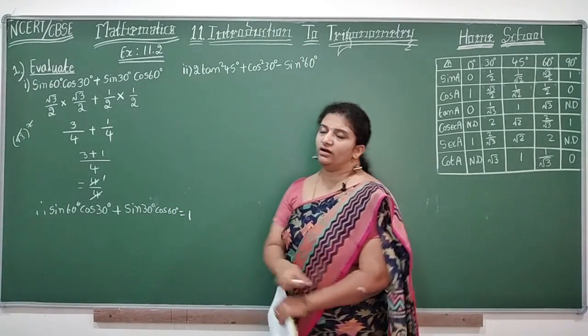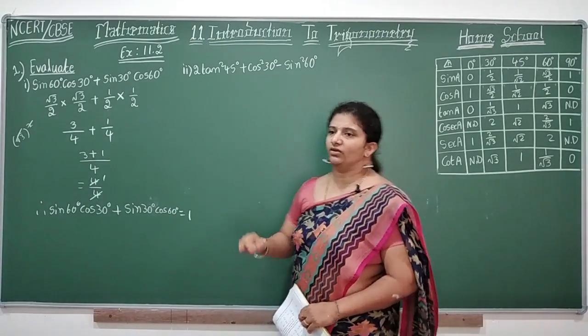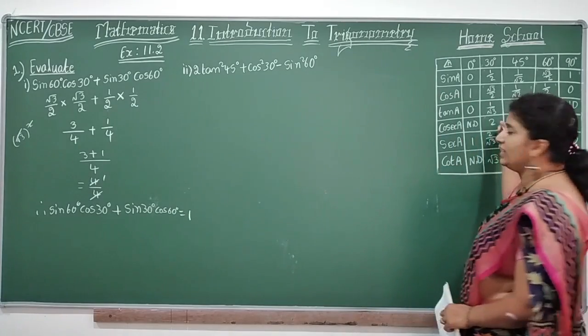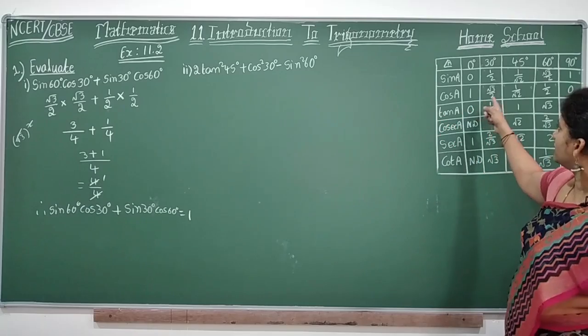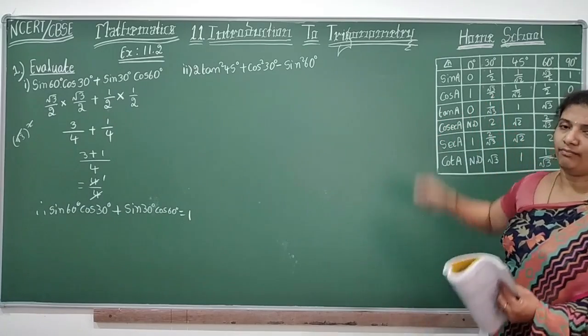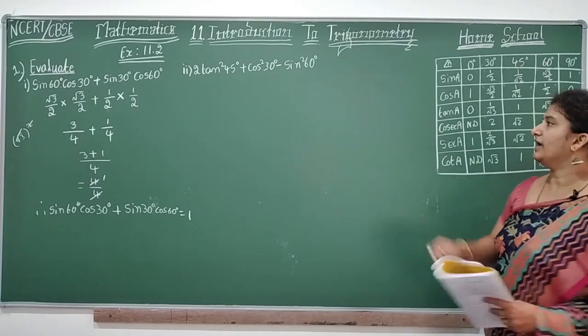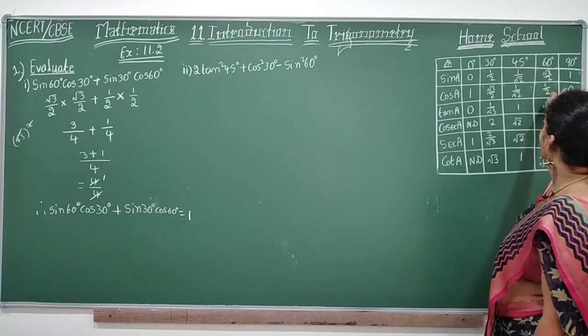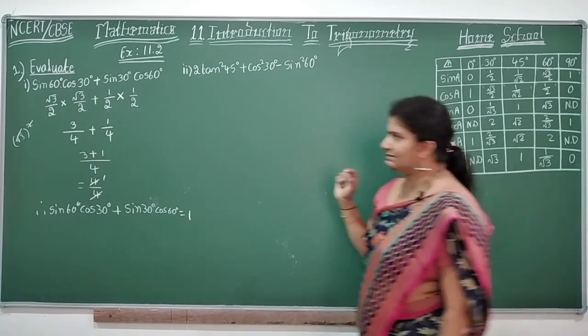What values do we need here? Tan 45 value is 1. Cos 30 is root 3 by 2. Sine 60 again is root 3 by 2. Now we are going to substitute and find the answer.